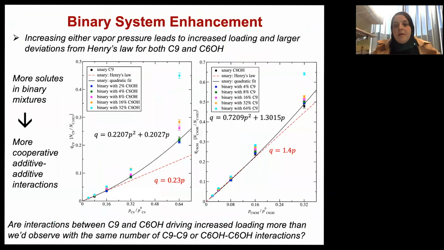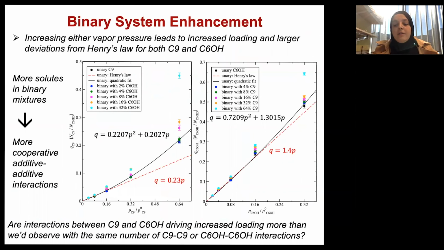Now, again, we did this, and the first thing that we did is we obtained the number of solutes loaded at each partial pressure in all the different combinations. So on the left-hand side, we have the nonane system. We have the unary nonane that you guys already observed. We have our Henry's law.